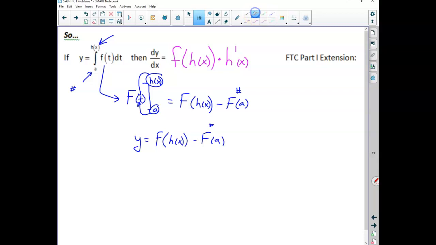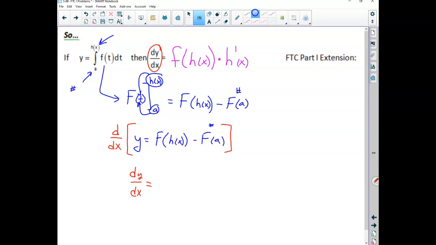And what are we doing? Hey, we're backing up the train. We're walking in our same old circle. So what we're doing is we are taking the derivative of the antiderivative, because that's what they wanted us to do. And I'll do the hard one here. That's dy/dx equals, how do I find the derivative of big F of h of x?